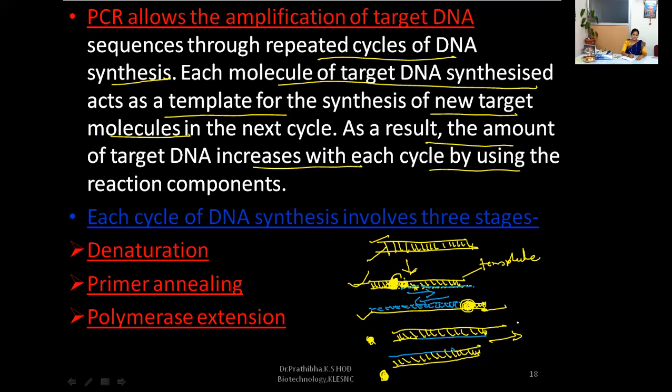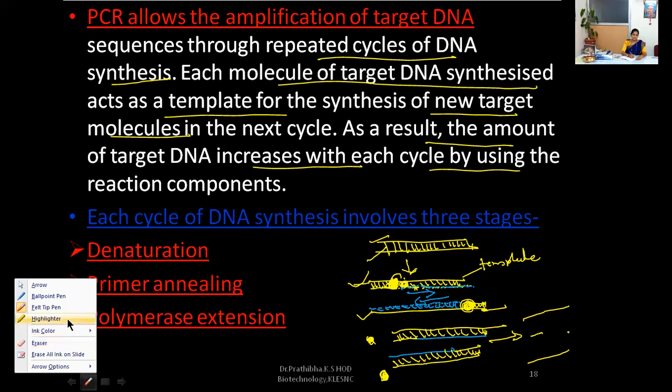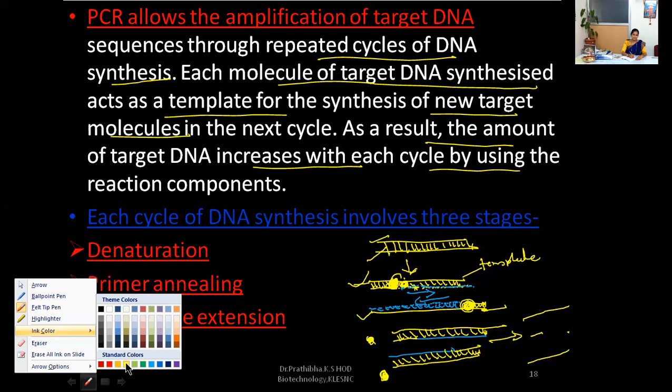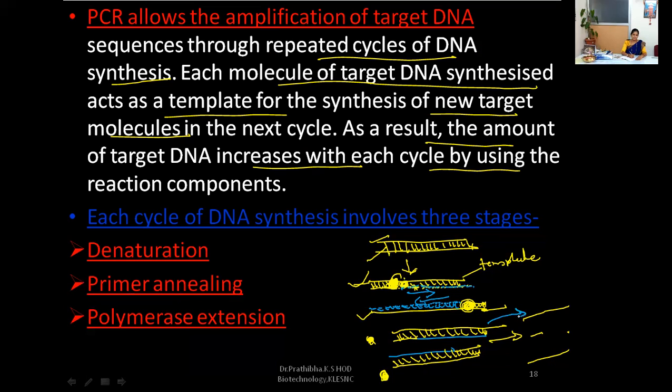This particular DNA molecule, both strands will get separated and again they become template DNA strands. It means whenever they synthesize new strands, those new strands will become the template. For example, this strand is this one.